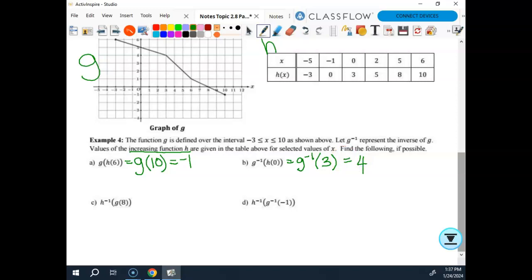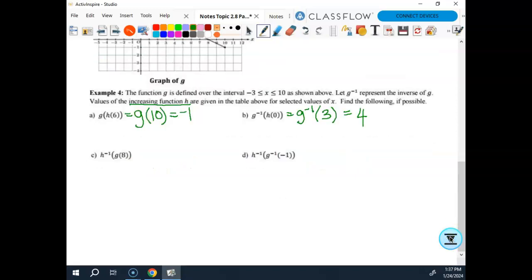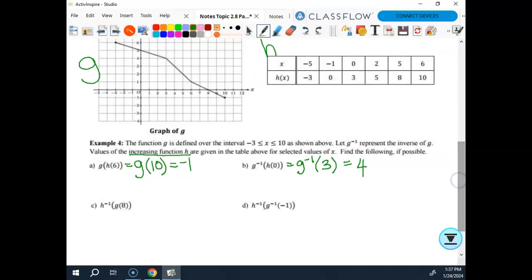If you haven't already zoomed ahead of me and finished, do C and D on your own. I'll write them out, but don't look at mine until you're done. Oh, I can't do that because then I can't see the graphs. So this is h inverse of g of 8 is 0. H inverse of 0.